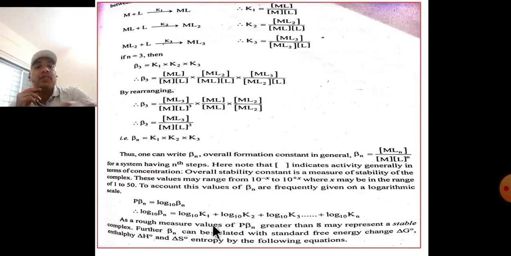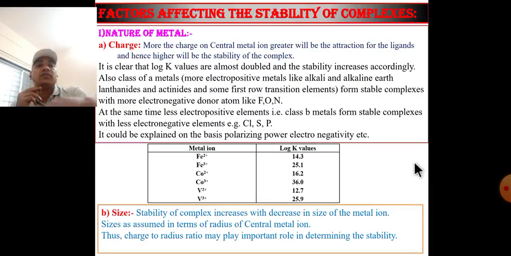As a rough measure, a value of log βn greater than 8 may represent a stable complex. Further, βn can be related with the standard free energy change ΔG0, enthalpy ΔH0 and entropy ΔS0 by the following equation.